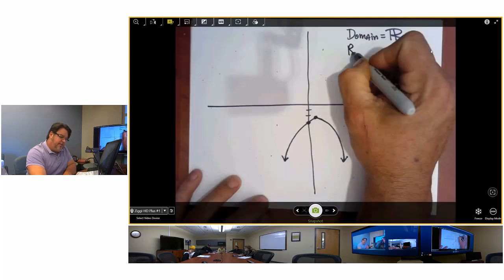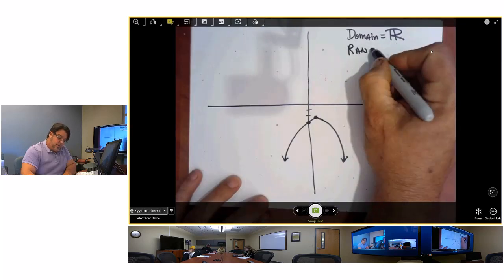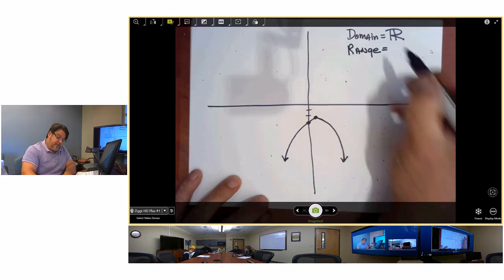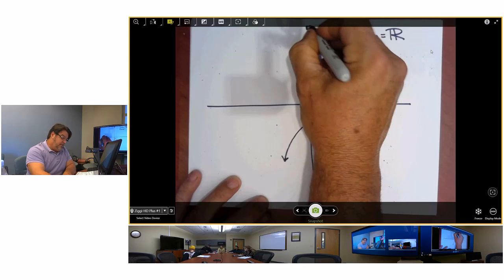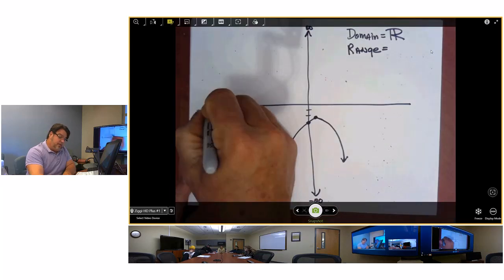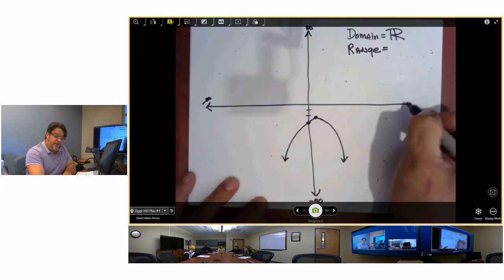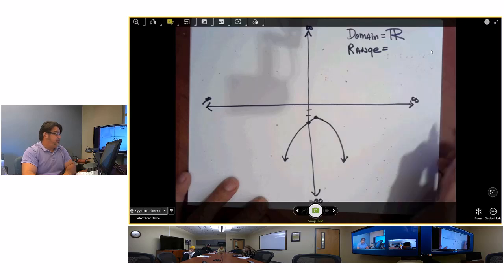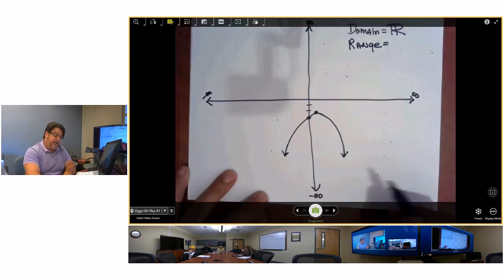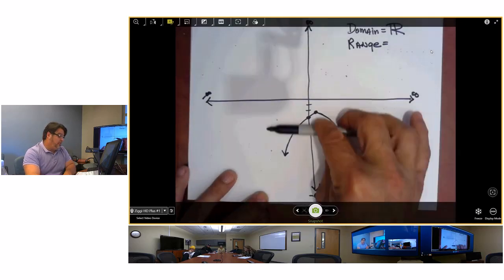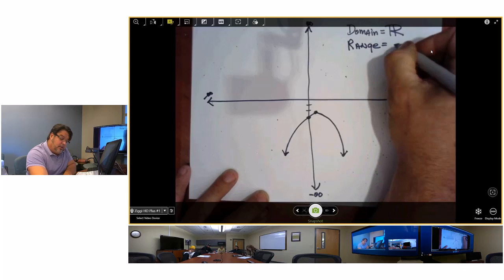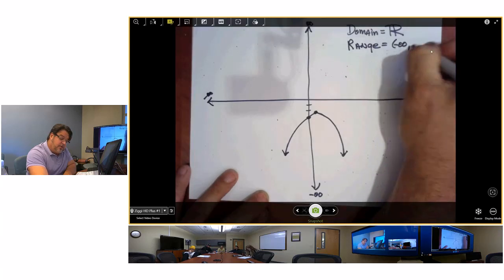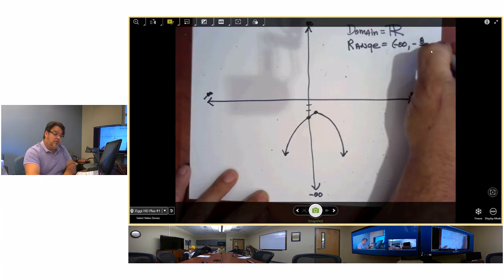Range is going to be from -infinity, because this is -infinity and this is +infinity, the arrowheads. So range is from -infinity to whatever that point is. What is it? -8/3. So -infinity to -8/3.